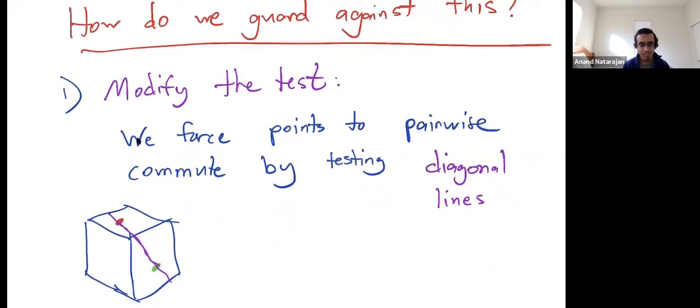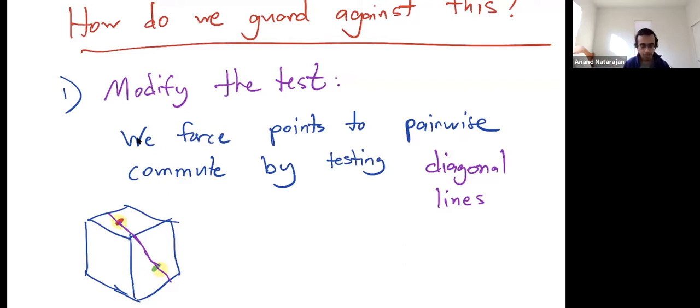We modify the test to introduce a new test that forces the measurements for every pair of cells in this array to commute pairwise, at least on average. The way we do that is we do a similar line versus point test, but instead of just doing axis parallel lines, we also do diagonal lines, so that those join every pair of points.